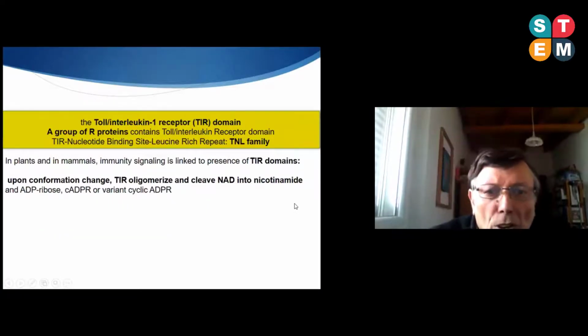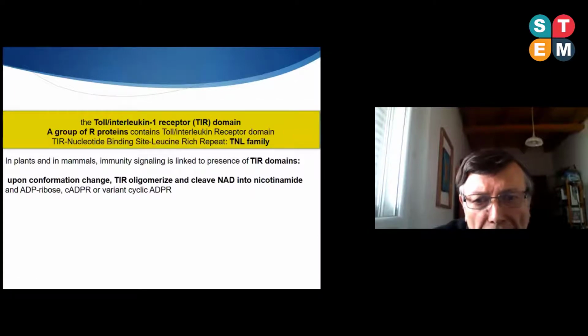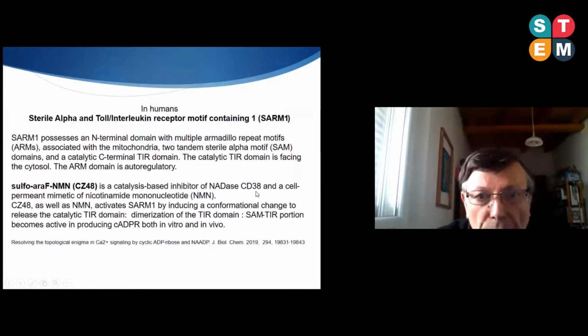Coming to the toll interleukin-1 receptor domain, the TIR domain, it was shown that in both animals and plants, the TIR domain oligomerizes and cleaves NAD. So when NAD is cleaved by the TIR domain, the signaling molecule cyclic ADP ribose is formed.